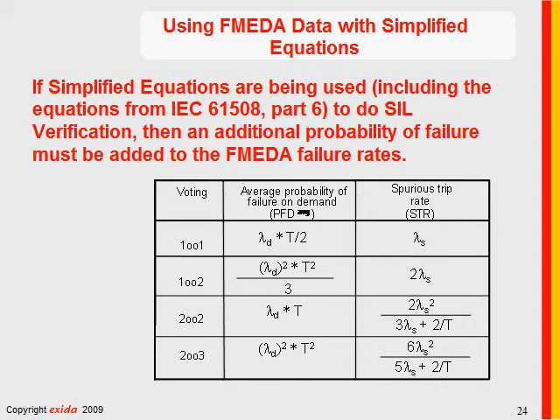And these equations make a number of very optimistic assumptions, including, of course, proof test capability and maintenance capability. If you're going to use these equations, then you most certainly have to add additional probability of failures to FMEDA numbers before using them.